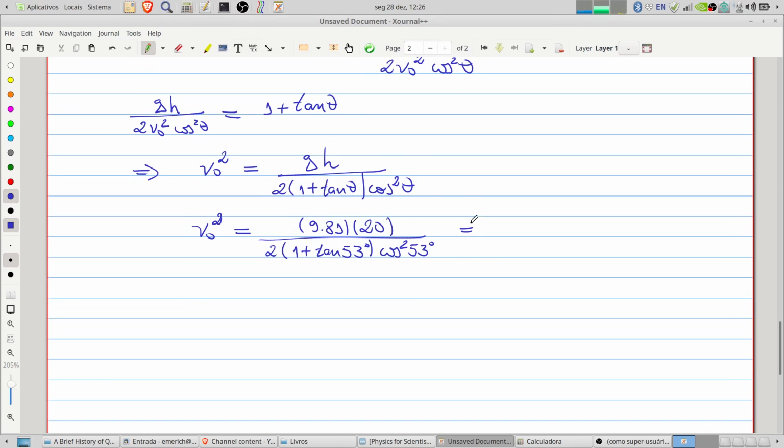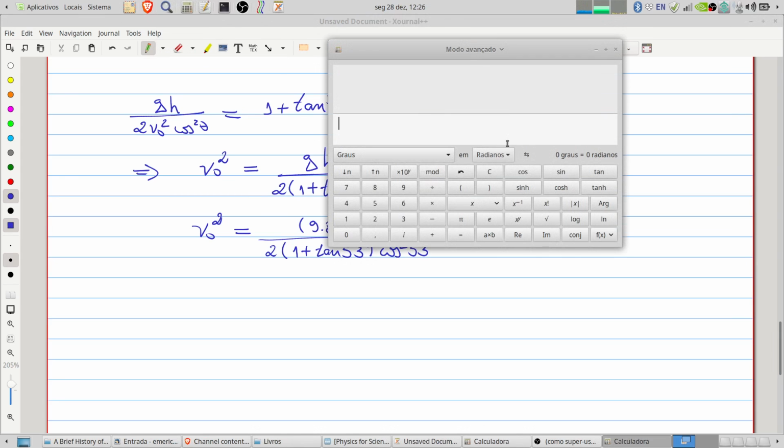We can use our calculator to compute the velocity.